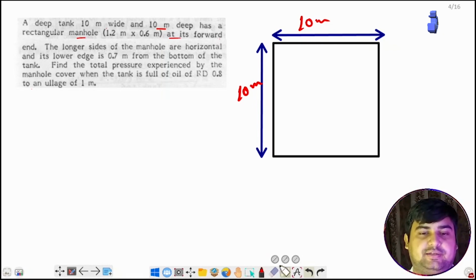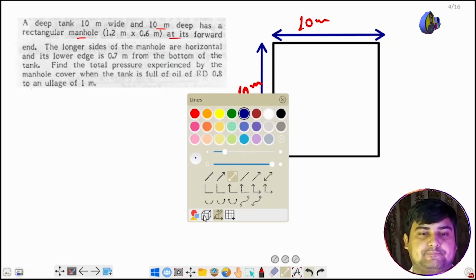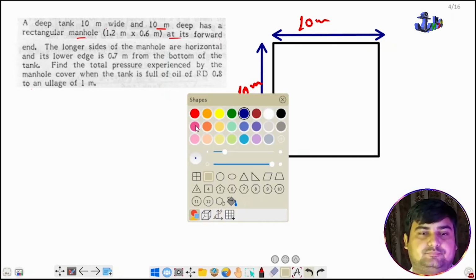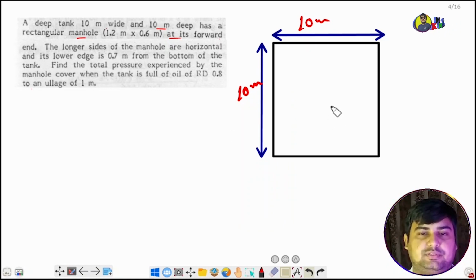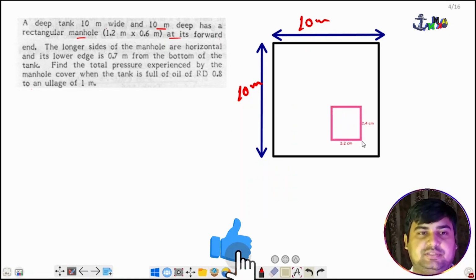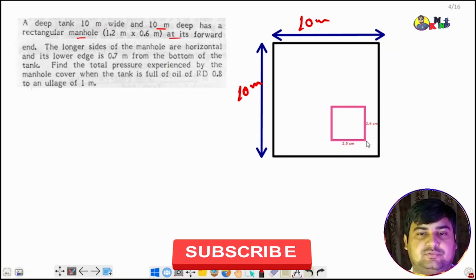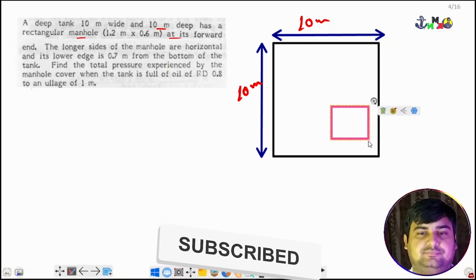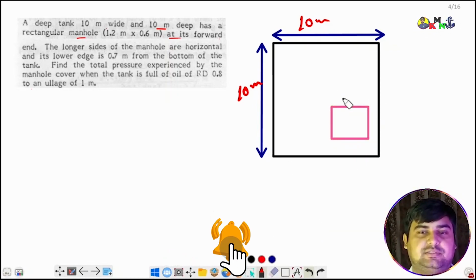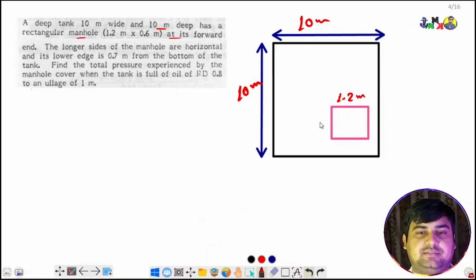So we need to draw one rectangular manhole also. Okay, so this is the manhole, which is 1.2 meters into 0.6. So this length is 1.2 meters and height is 0.6 meters. Okay.